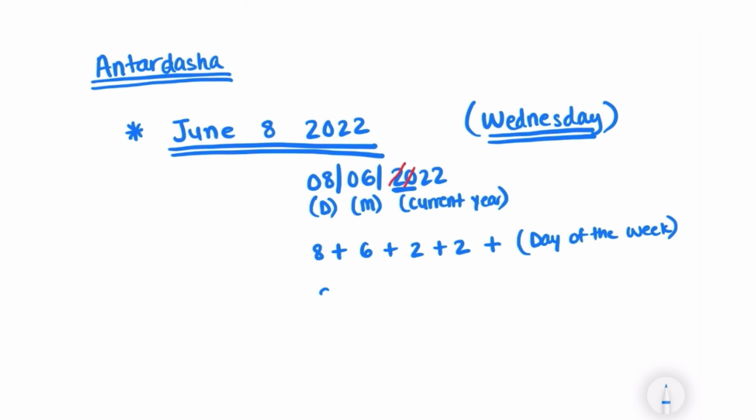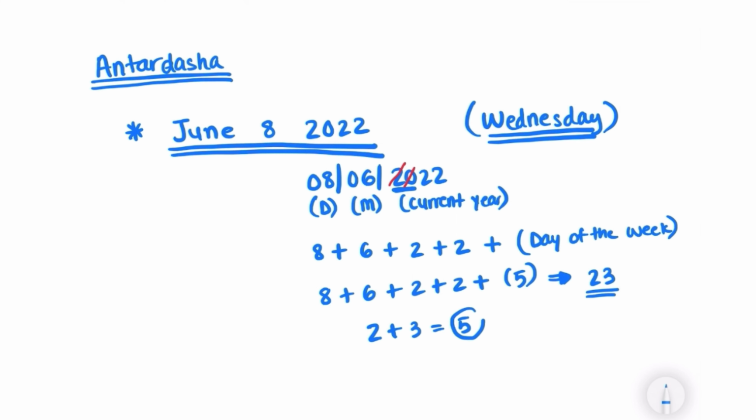Okay, so it's 8 plus 6 plus 2 plus 2 plus 5. Okay, and what do we get if we do that? If we add them all together, we will get number 23. Okay, now what are we going to do with 23? We want a single digit, right? So we do 2 plus 3 and we get 5.